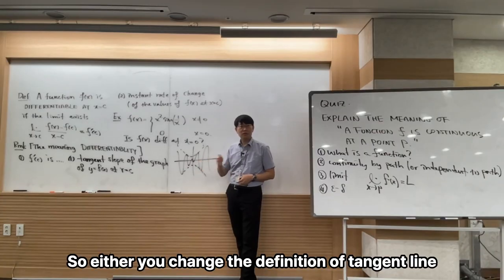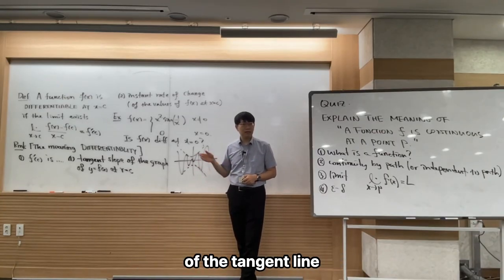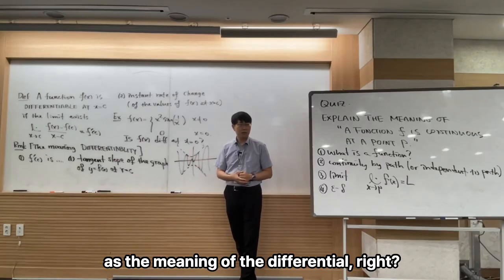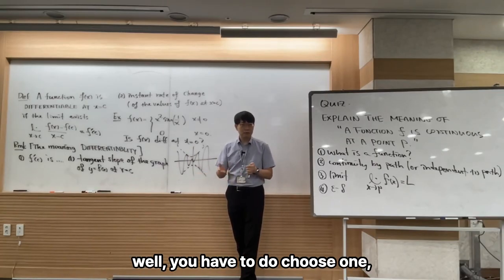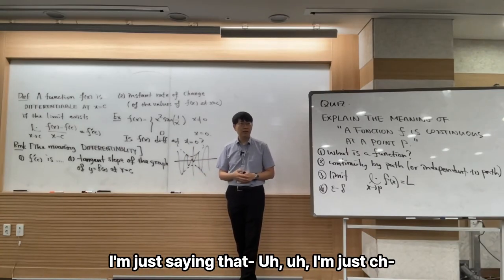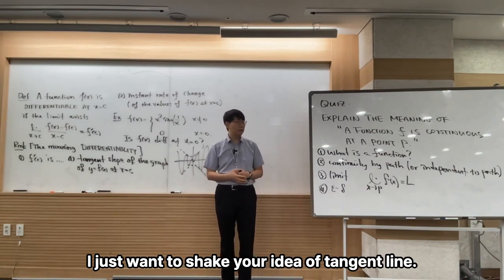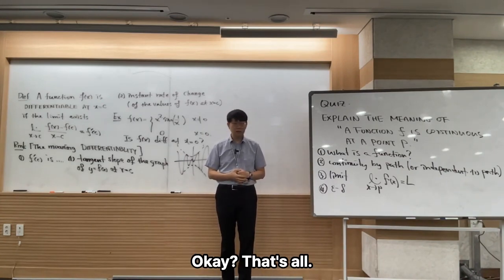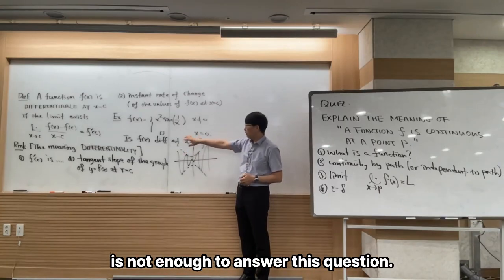Either you change the definition of tangent line, or you have to drop the meaning of the tangent line as the meaning of the differential. I'm not saying you have to choose one. I just want to shake your idea of tangent line. All right, so tangent line is not enough to answer this question.